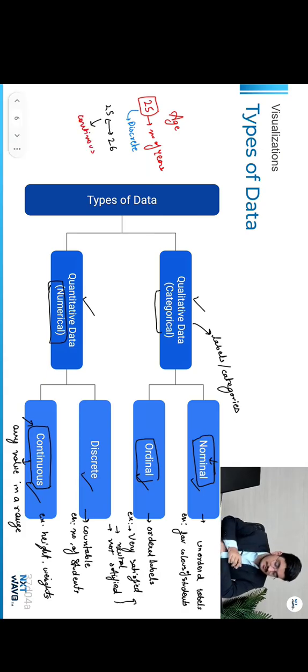I can give a value like 25.99 as my age, right? Between 25 and 26, there could be n number of ways to represent my current age, which will be continuous type of data.